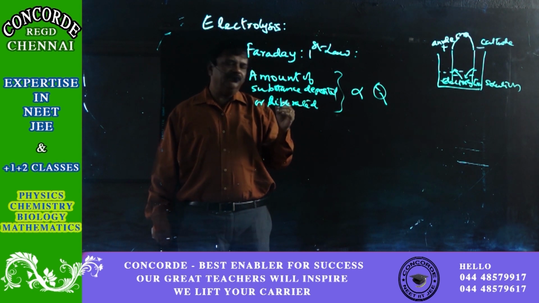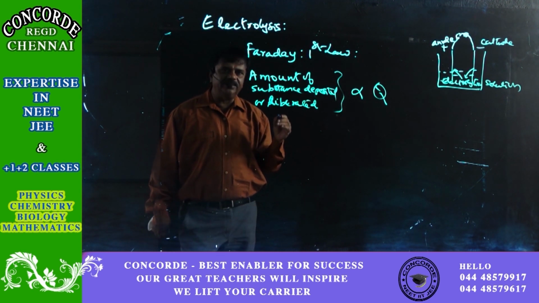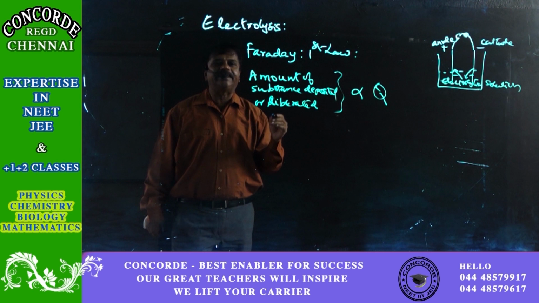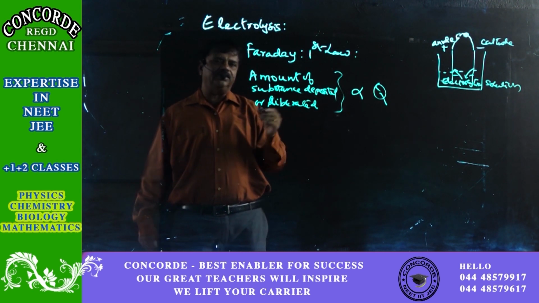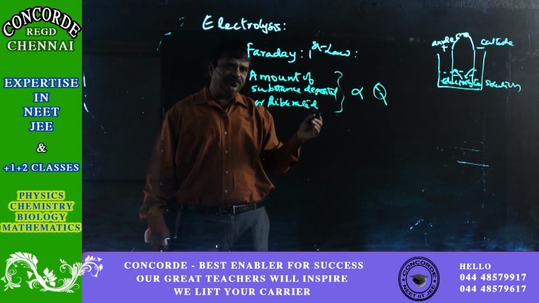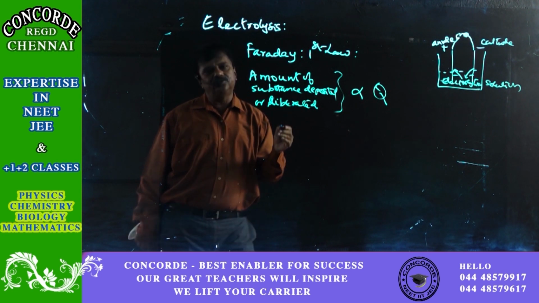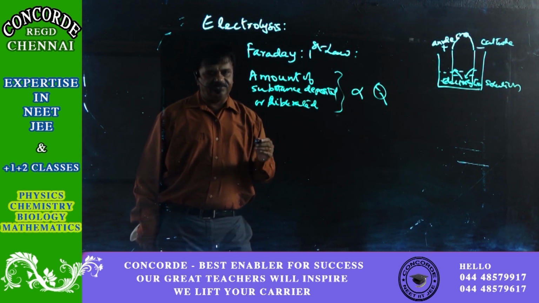And the quantity of current means if I am sending this many amperes, for how much time. So you know that typically in our units, the calculation is how much current is used and for how many hours of usage.